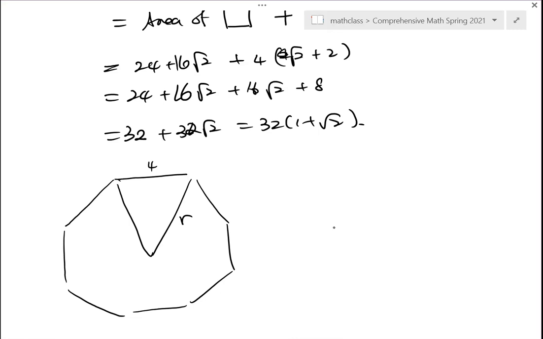Are you able to find the R? Anyone have ideas to find the area of R based on the information we already got? To find the R?